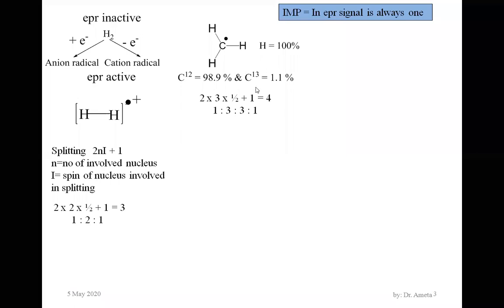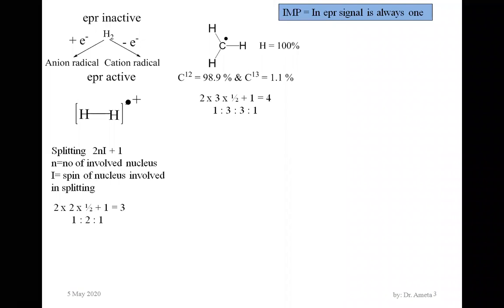We will consider only hydrogen, because C12 has no spin, so we cannot consider it in EPR spectra.